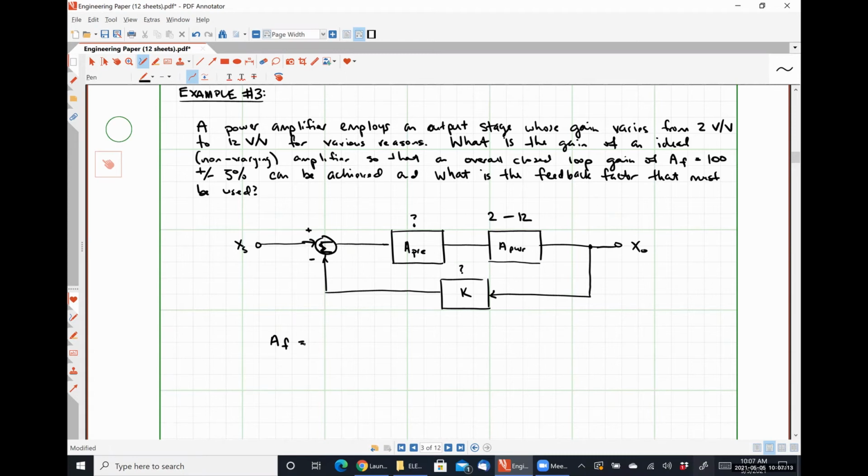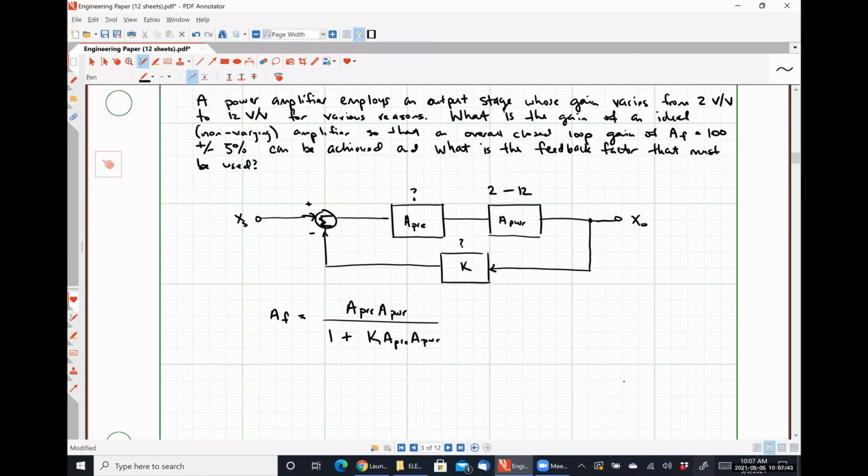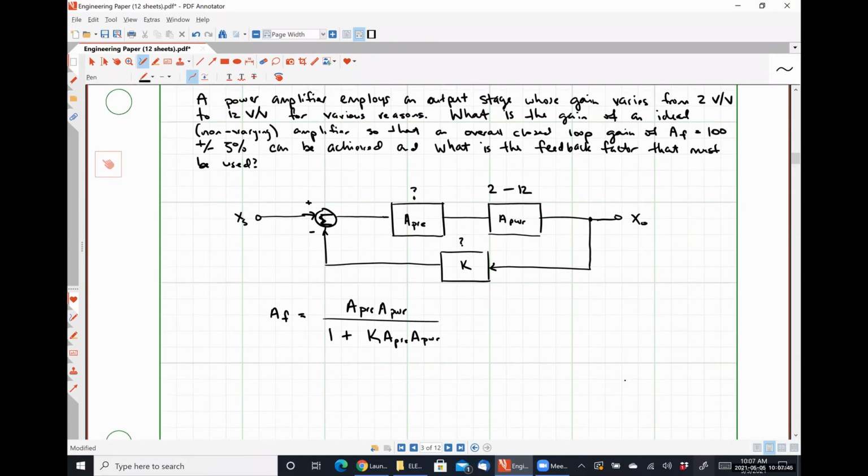So our closed loop gain for the system is then just A pre multiplied by A power divided by the amount of feedback, which is 1 plus our feedback factor K times A pre times A power, right? Okay, so at the low end, when we have a closed loop gain of 100 minus 5%, that would just be 95, right?